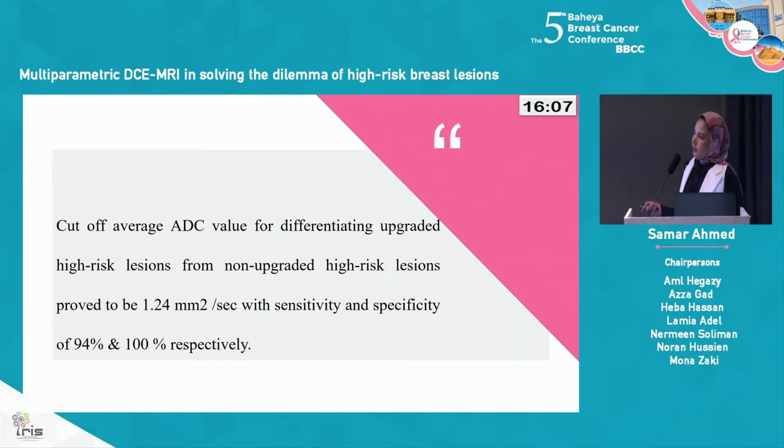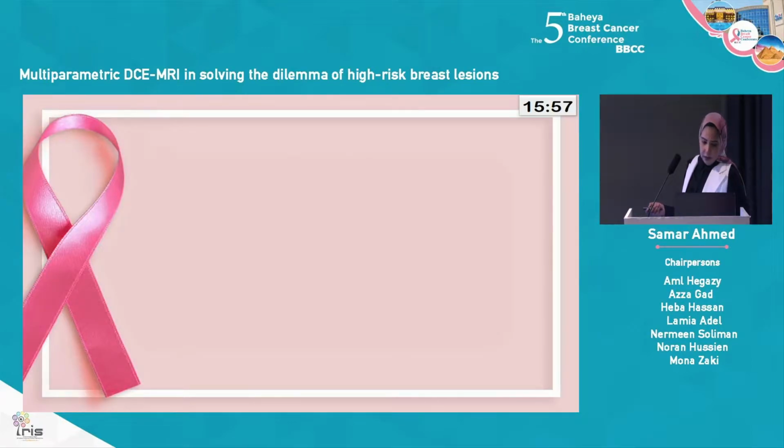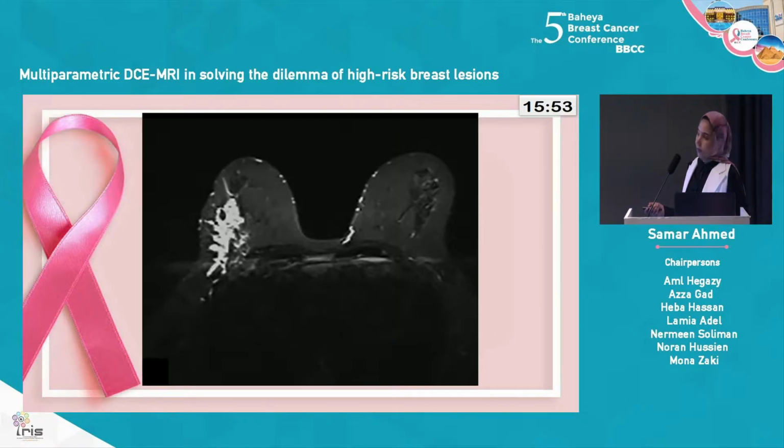The cutoff average ADC value for differentiating upgraded high-risk breast lesion from non-upgraded high-risk breast lesion proved to be 1.24, with sensitivity and specificity of 94 and 100% respectively. Another example: a 35-year-old patient with palpable breast lesion. Sonomammographic assessment revealed right breast upper outer quadrant asymmetry with underlying parenchymal distortion.